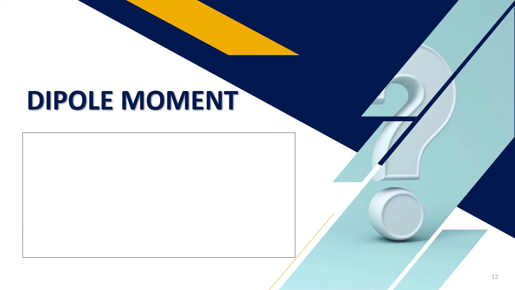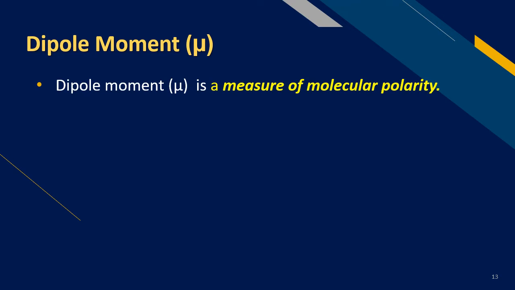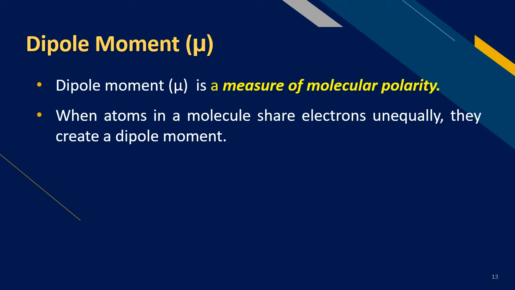What is dipole moment? The dipole moment can be defined as the product of the magnitude of the charge and the distance that separates the center of the positive and the negative charge. Dipole moment is a measure of molecular polarity. When atoms in a molecule share electrons unequally, they create a dipole moment.